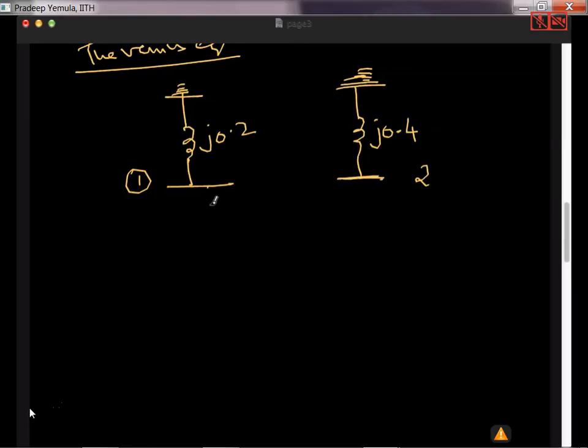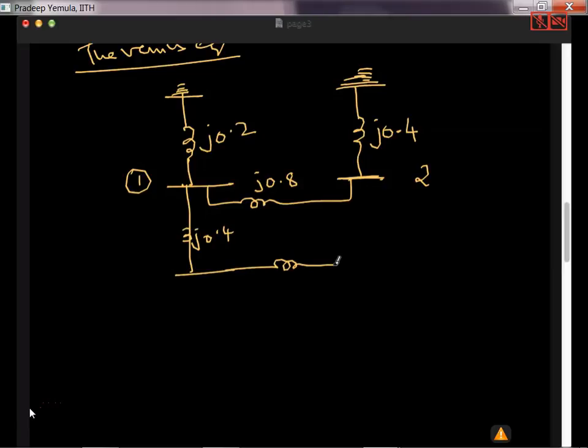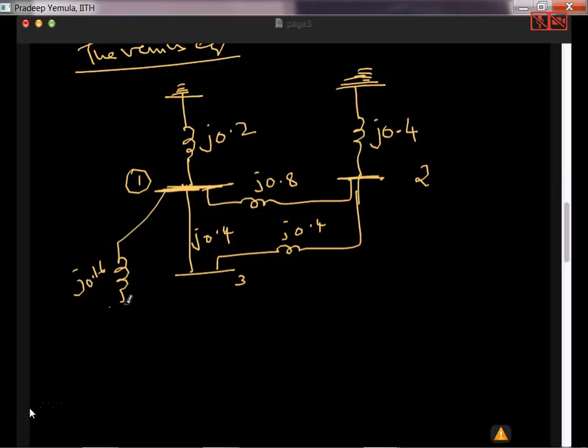So this is bus 2, then this is j0.8, then this is bus 3, so j0.4, and then here it is, so this is bus 3, and the fault is here, j0.16, this is the fault.